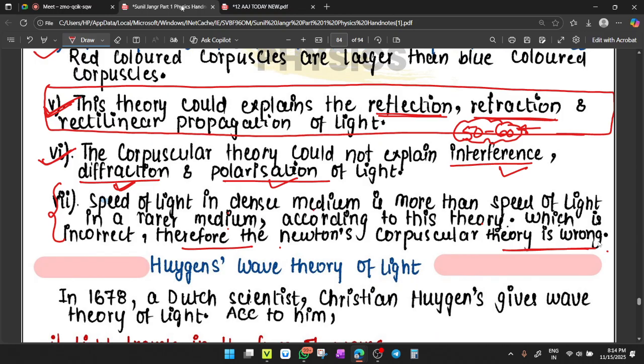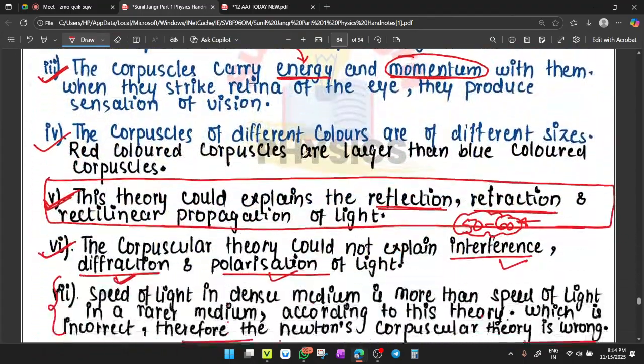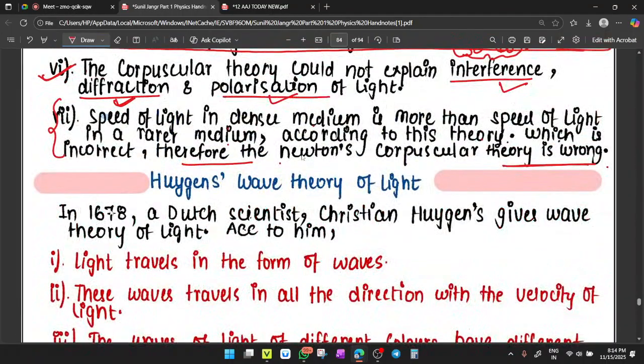So after the Thomas Young experiment, Newton accepted his fault, took back his theory and suggested that light behaves like a wave. Okay, means light follows wave nature. Now, in the direction of the establishment of wave nature, we first have to study Huygens wave theory.